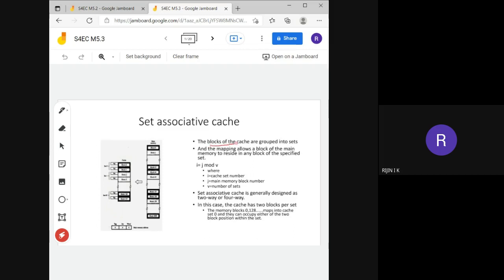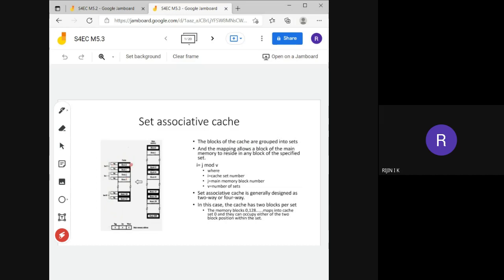That may be 2-block sets or 4-block sets, that depends. Generally it will use 2-way or 4-way set associative. Here in this example, we have used 2-way set associative, because there are 2 blocks per set.